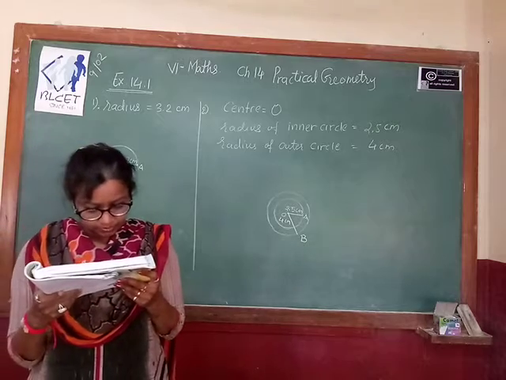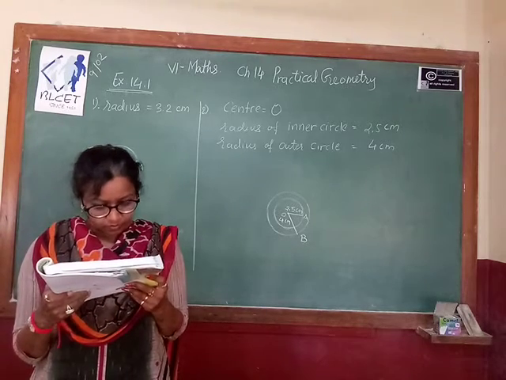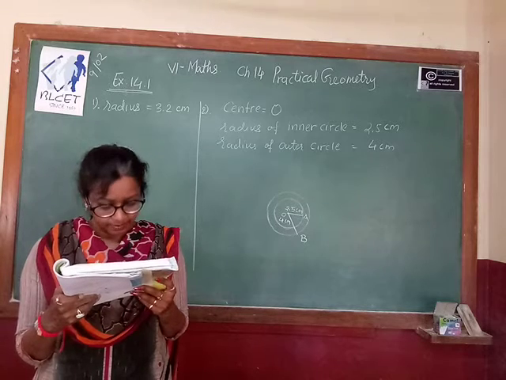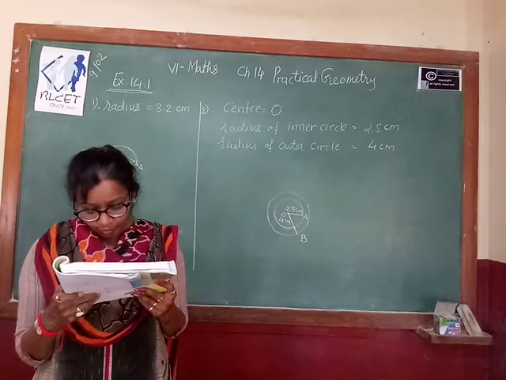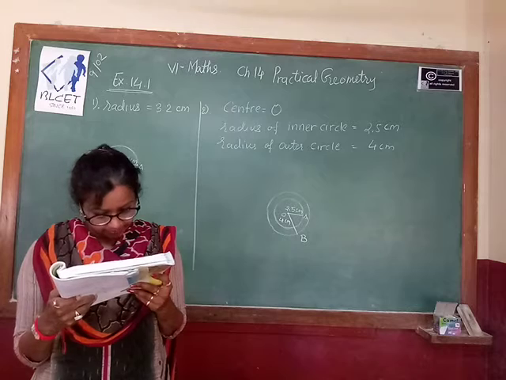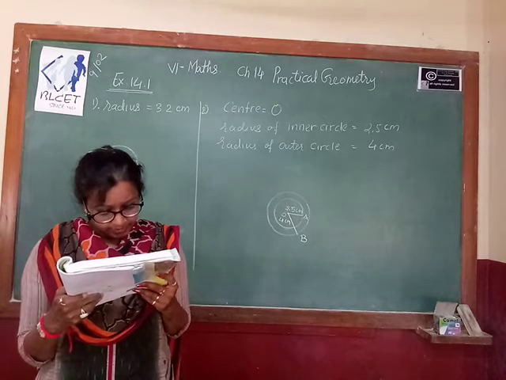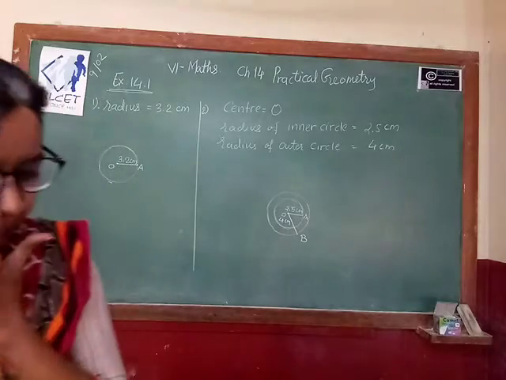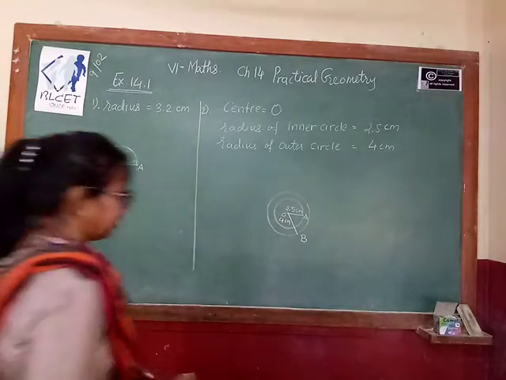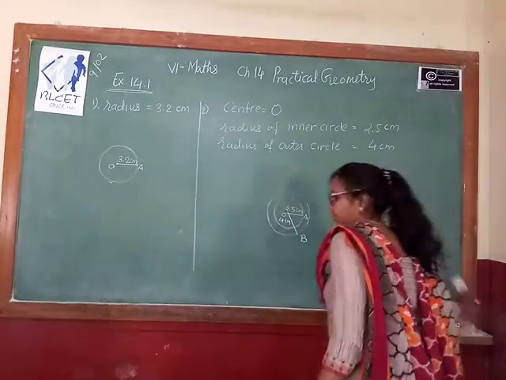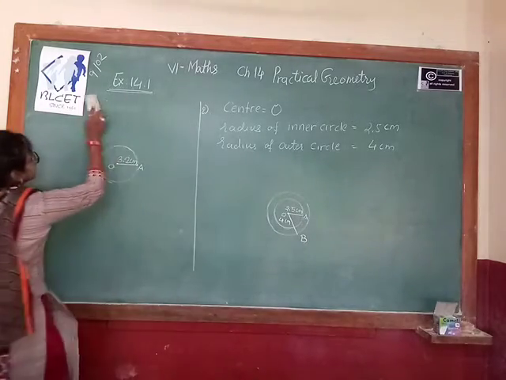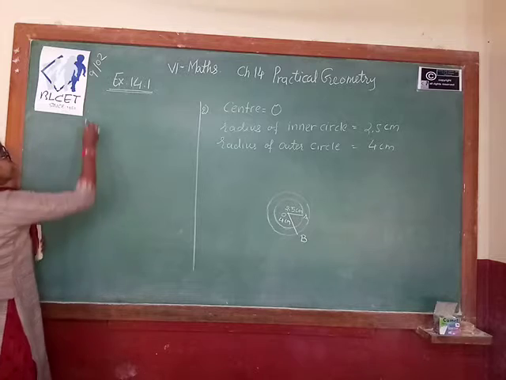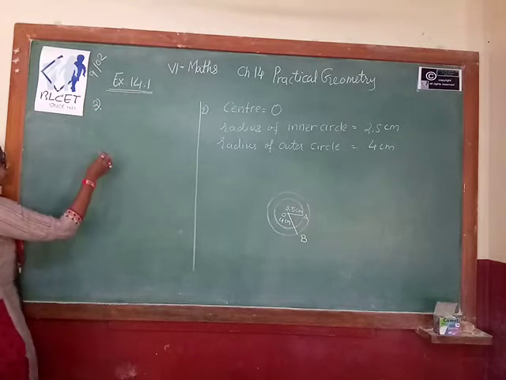Now see the third question: draw a circle and any two of its diameters. If you join the ends of these diameters, what is the figure obtained? First we draw the circle. Now I am not using the rounder.